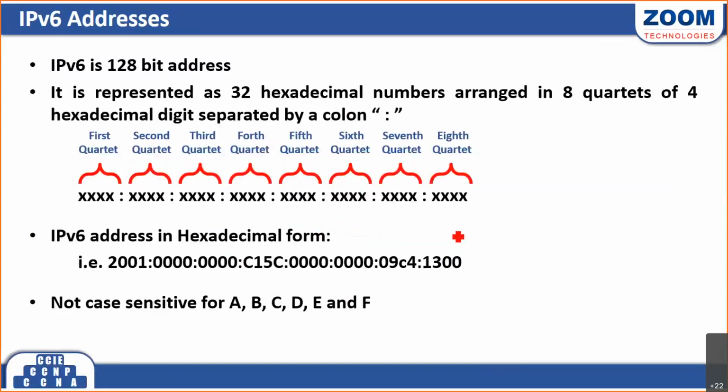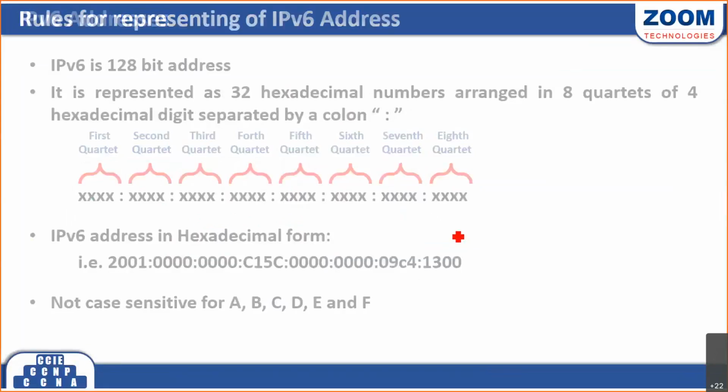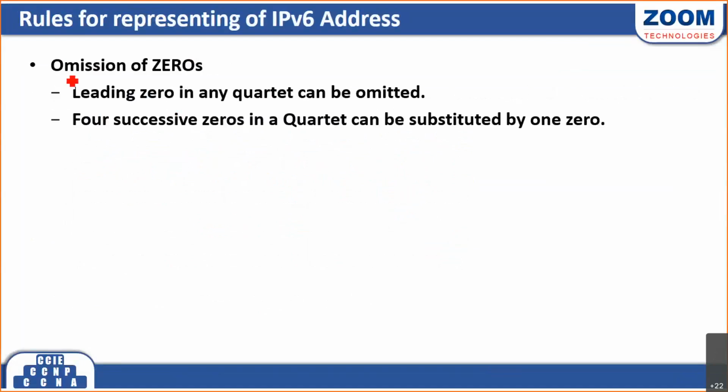Exactly. So what do the rules say? Omission of zeros: leading zeros in any quartet can be omitted. That is rule number 1. Four successive zeros in a quartet can be substituted by a single 0.